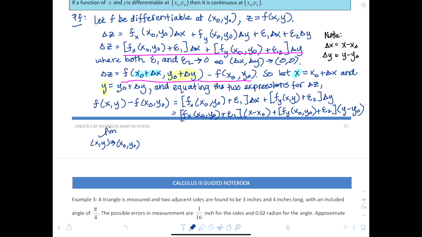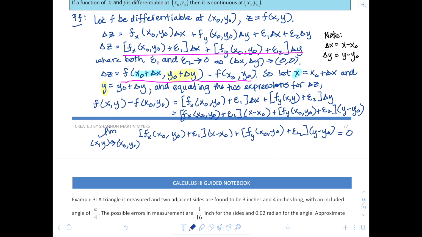So we have fx of x0, y0 plus epsilon 1 times x minus x0 plus fy of x0, y0 plus epsilon 2, all of that times y minus y0. And what will that limit end up being? Well, as x approaches x0 and y approaches y0, with direct substitution, what would happen? That limit's going to be 0.